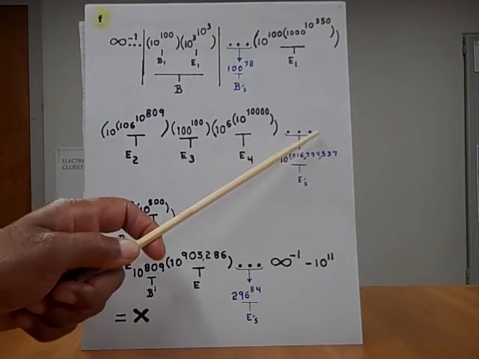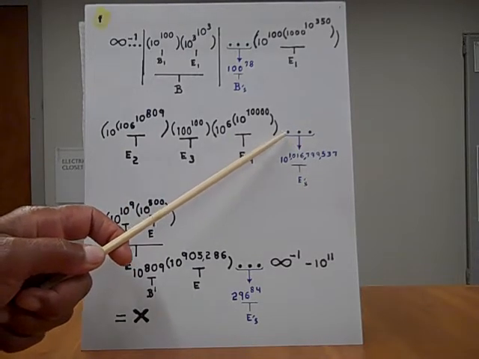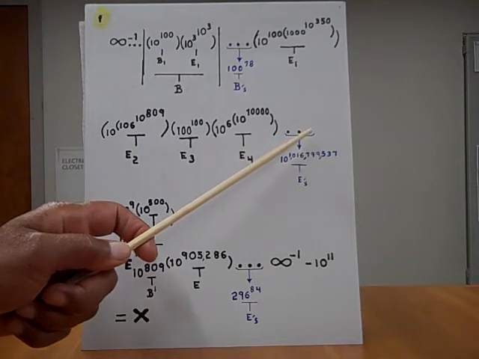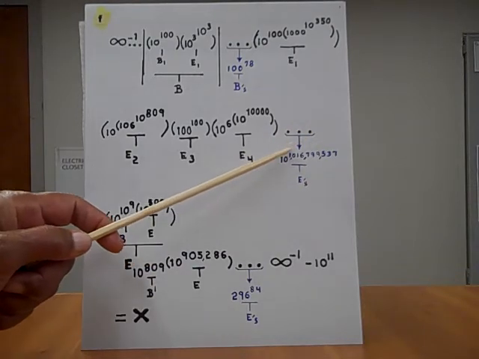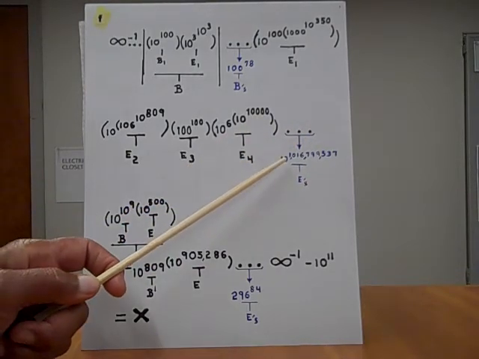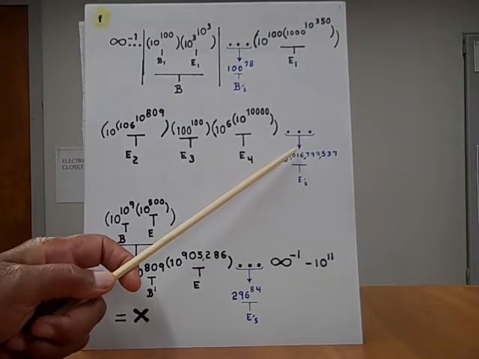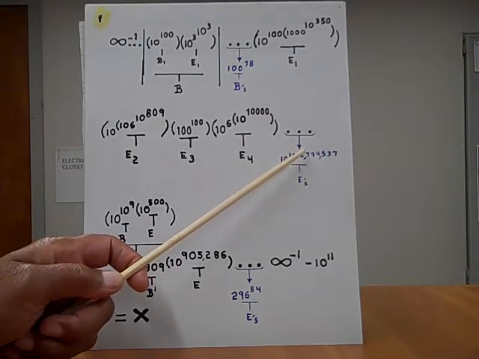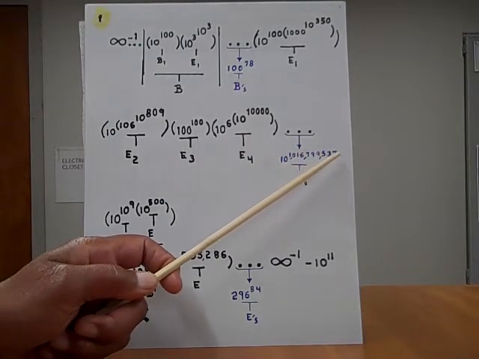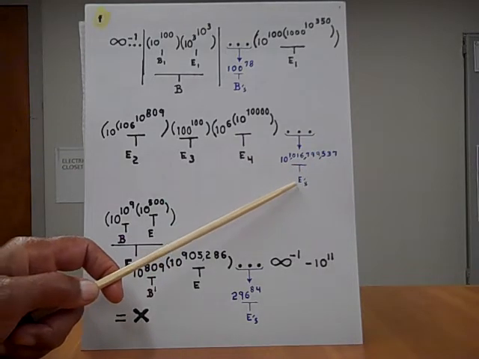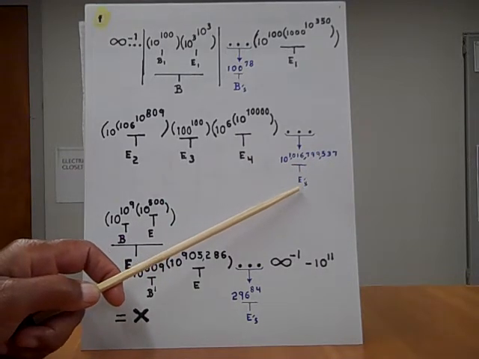And inside of all of these exponents, where the arrow is pointing, is 10 to the 1,016,799,537th power of exponents, small s right here, exponents.